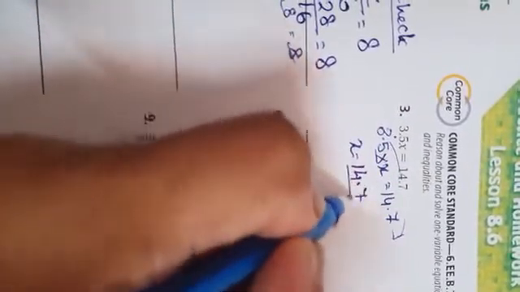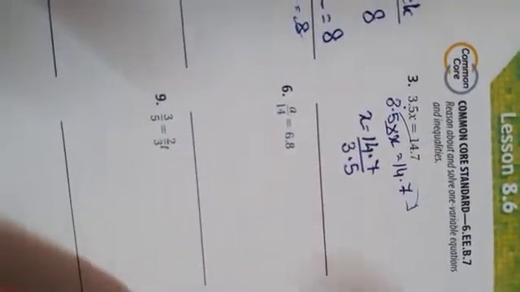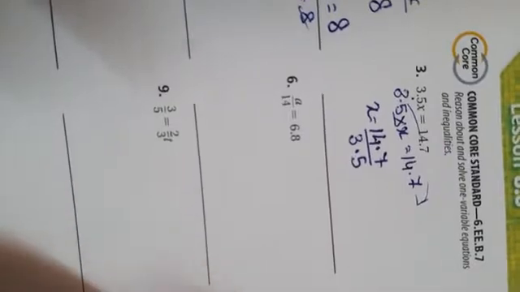Okay, so moving on to question number 3. 3.5x, which means 3.5 multiplied by x equals 14.7. So move it to the other side, the multiply becomes divide. So x is equal to 14.7 divided by 3.5. Now again girls, I'm not showing you all the steps, because I have explained enough how to divide decimals.